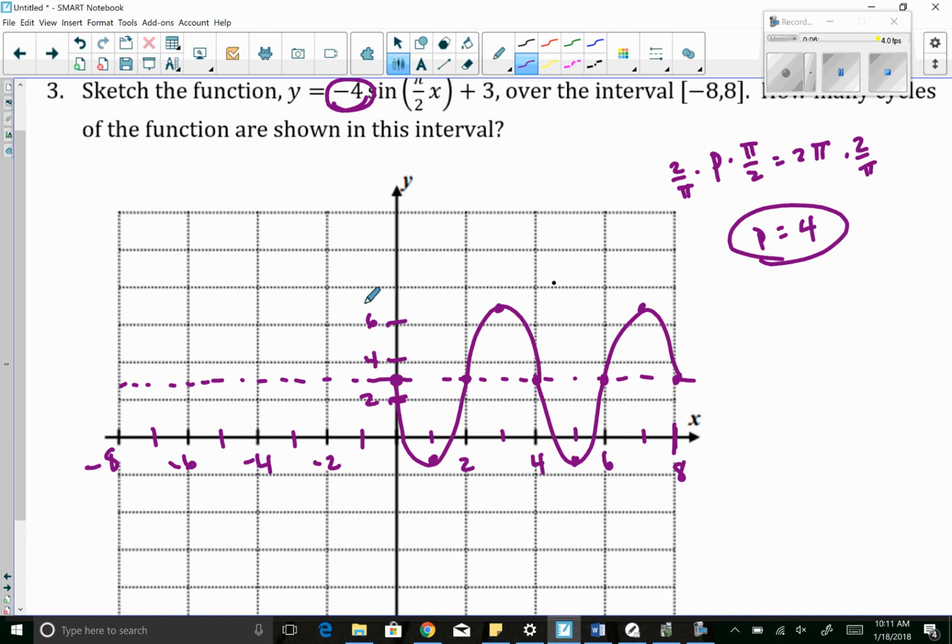So I'll keep duplicating, just following the pattern. That's what our graph should look like. If you graphed it without going up by 2s, if you went up by 1s and went off the screen, it's okay.